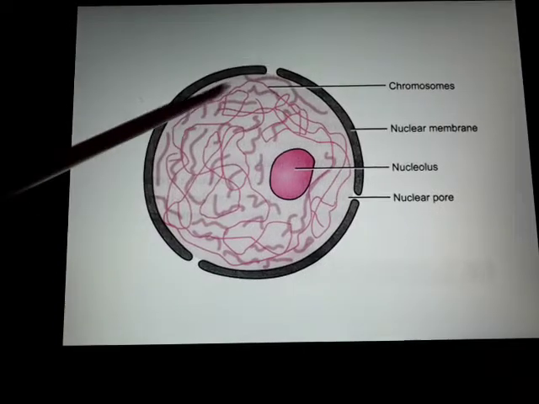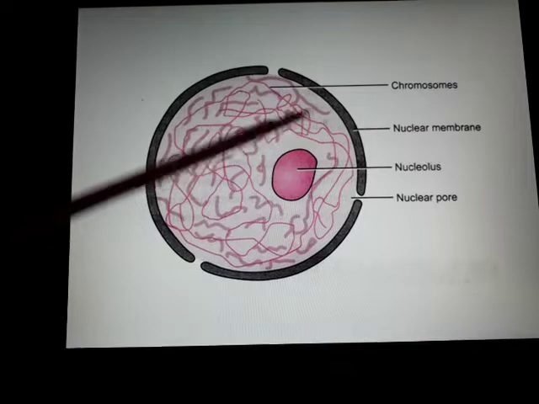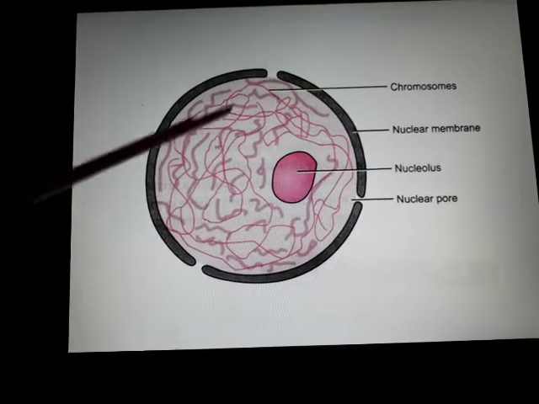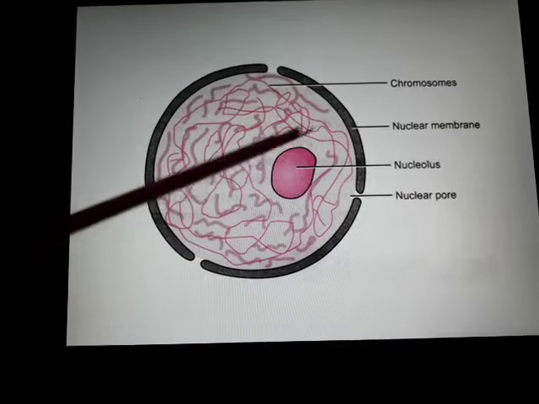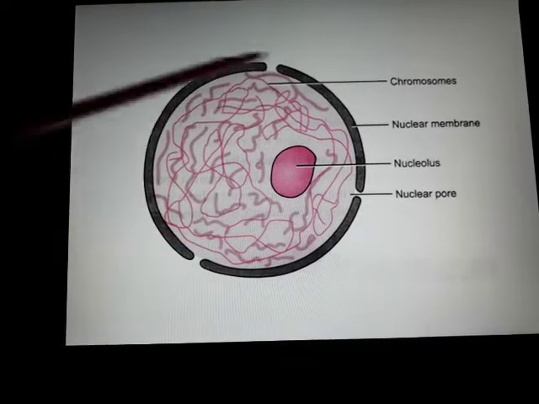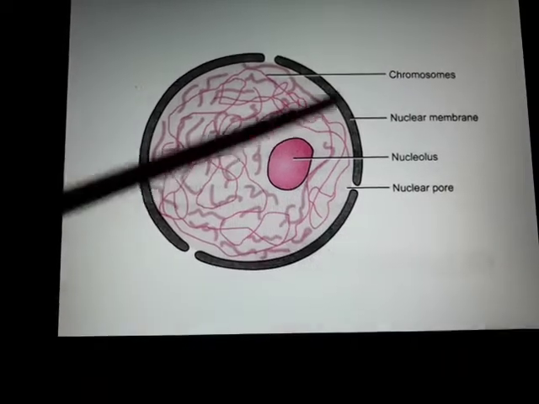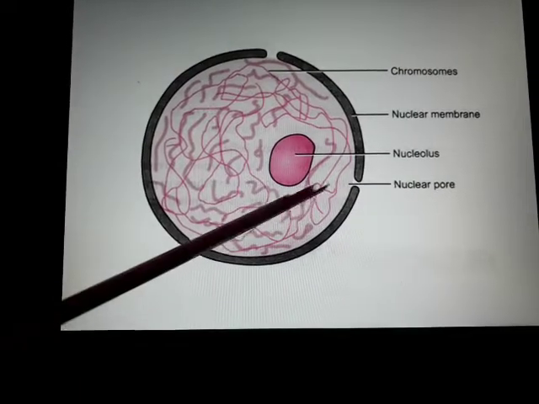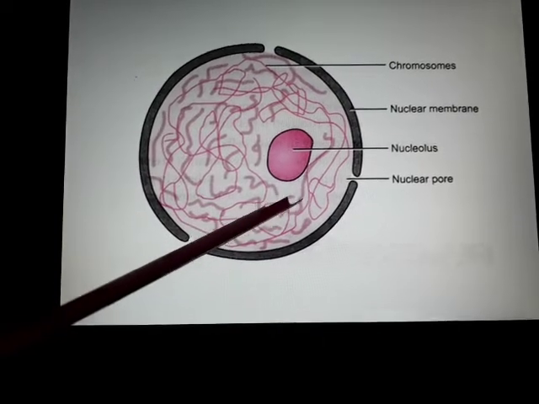Second, inside the nuclear membrane, you can see a light pink fluid. This pinkish fluid which fills the inside of the nucleus is called nucleoplasm, or nuclear sap.